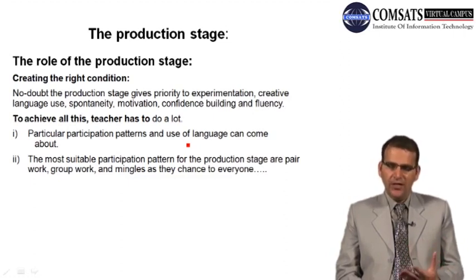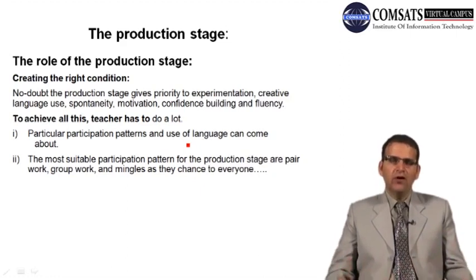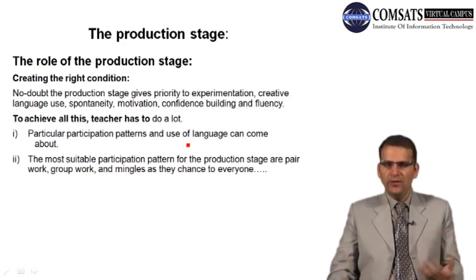For the production. No doubt the production stage gives priority to experimentation, creative language use, spontaneity, motivation, confidence building, and fluency, right? Definitely this is what we do, because once you produce, you try to bring innovations, you try to be spontaneous, right?